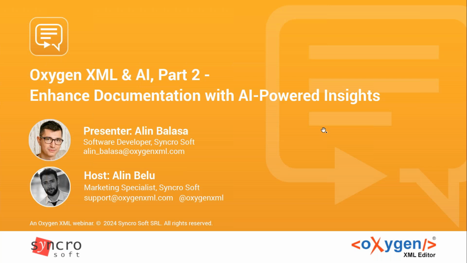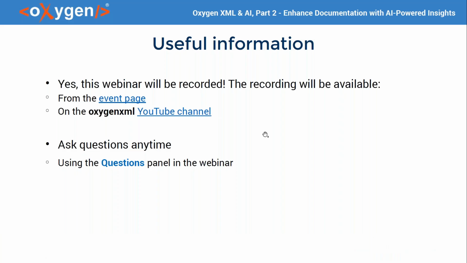In just a few moments, my colleague, Alin Balasa, senior developer at Synchrosoft, will join us and demonstrate step by step how to seamlessly integrate these powerful tools into your WebHelp output, optimizing both content discovery and user engagement. I am definitely excited for this presentation.